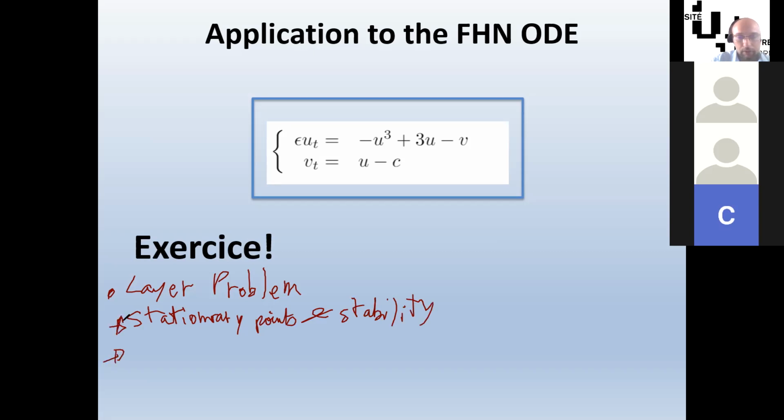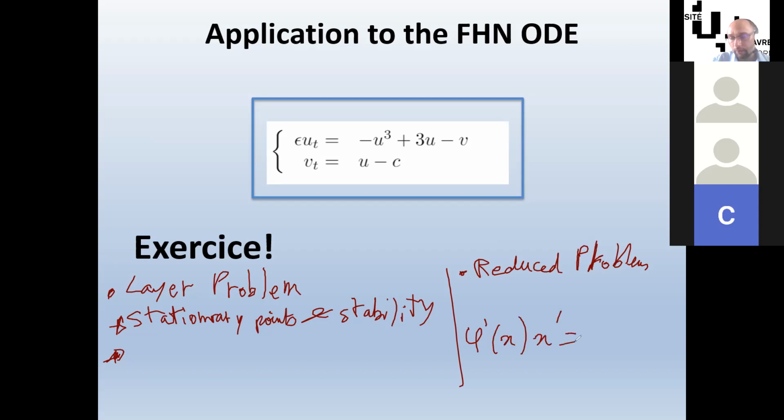And yeah, that's it. And then also, what's the reduced problem? And then can you find an equation like we did here, phi prime x, x prime equals g x y.